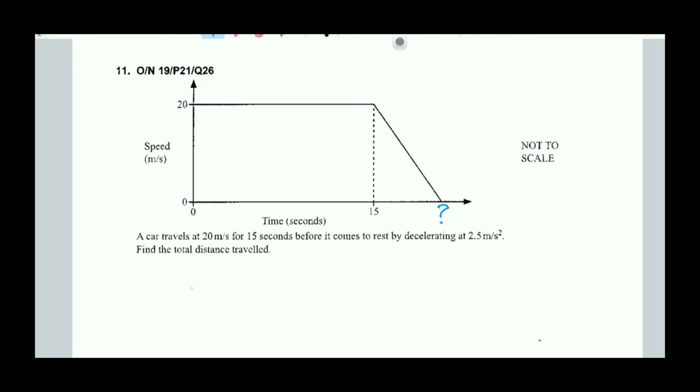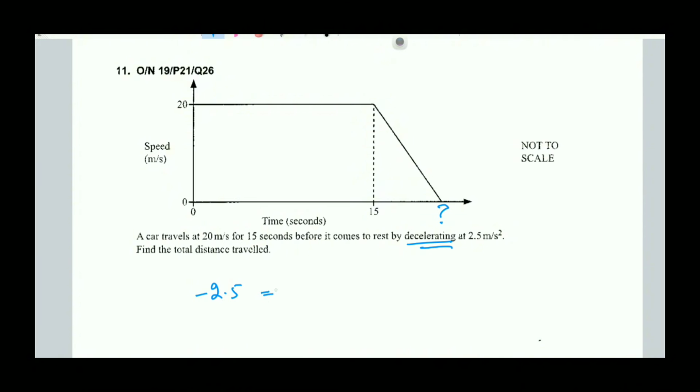So what we will do, we will use the acceleration formula, because for deceleration we have to find acceleration. Acceleration is 2.5, so we will take it negative 2.5. Please remember, deceleration is always negative, it is given positive. I told you that we will not write negative sign, but if we will take this value, we will write it negative 2.5. Please remember.